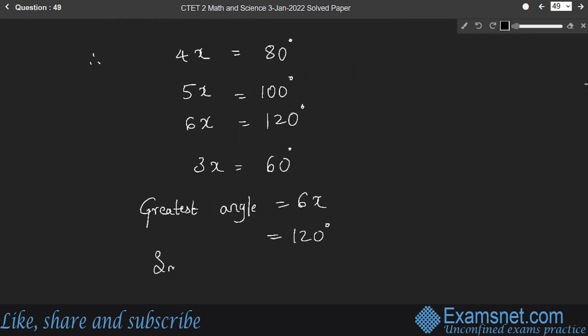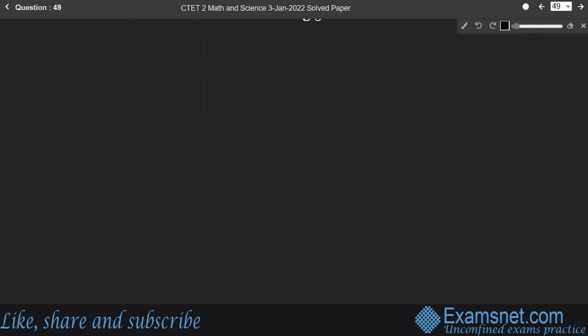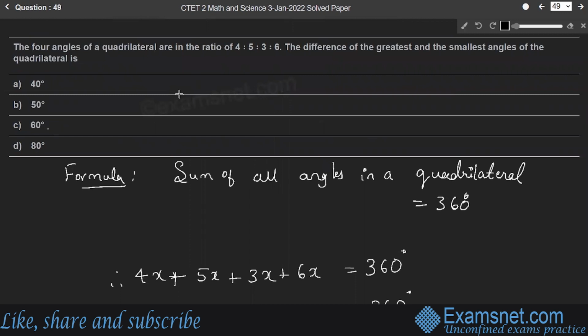And the smallest angle is 3x, that is 60 degree. And their difference is equal to 120 minus 60, which is 60 degree. Therefore, the correct option is C, 60 degree.